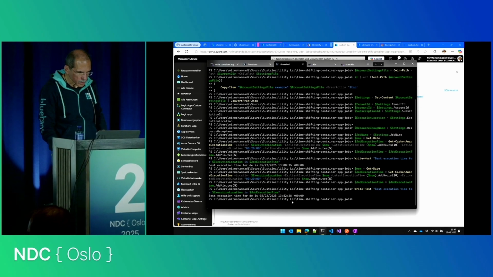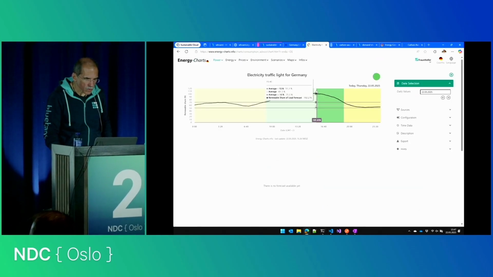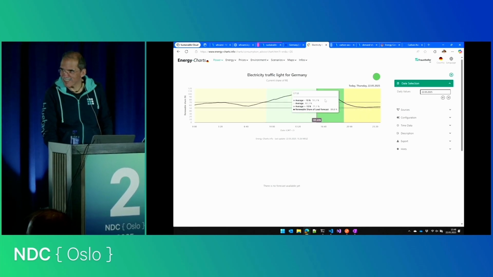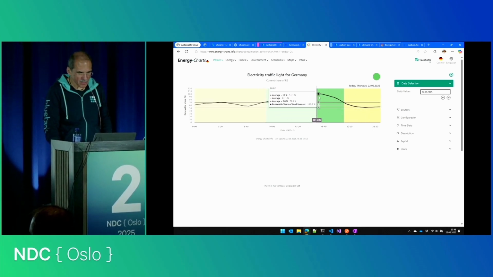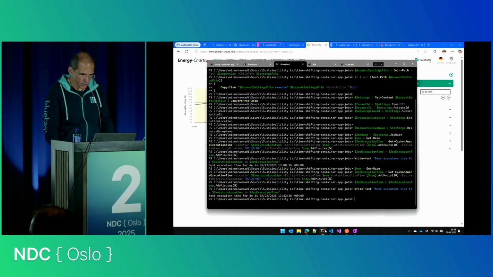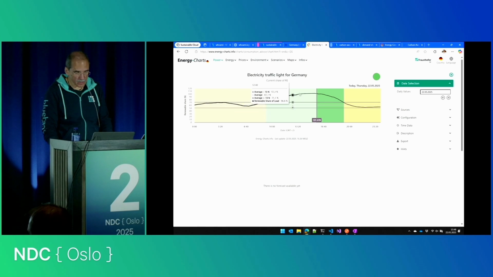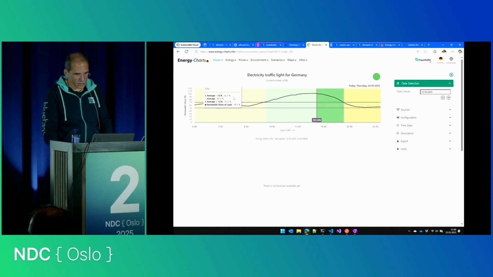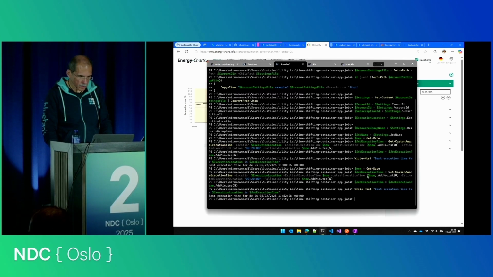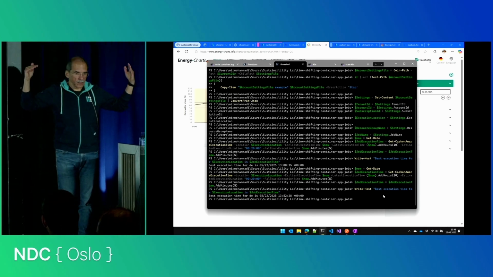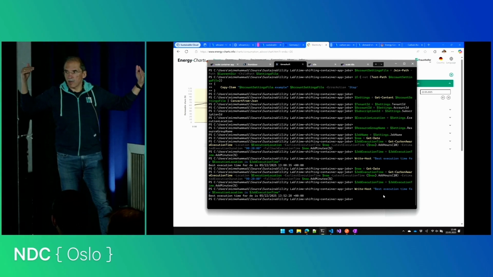As you saw before, we are here, and it gets worse. So the best time is currently now. This graph doesn't show it, but we have a forecast for the next day. But I want a window in 10 hours for 20 minutes.